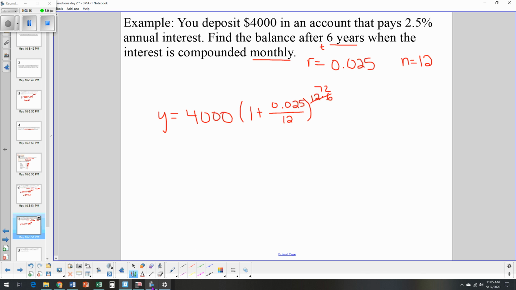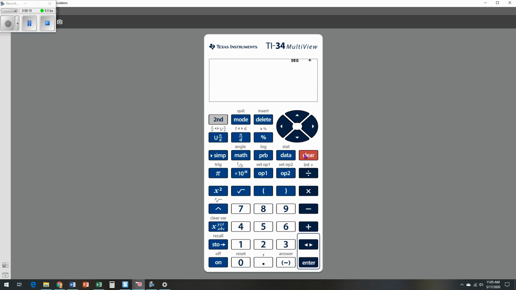So I'm going to go back to that calculator and clear out my old stuff. Again, I'm going to do the fraction inside first, 0.025 divided by n, which was 12, add it to 1, raise it to the 72nd power, and now multiply it by my starting amount. And we get $4,646.61.